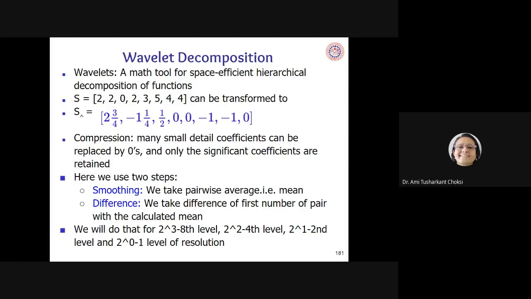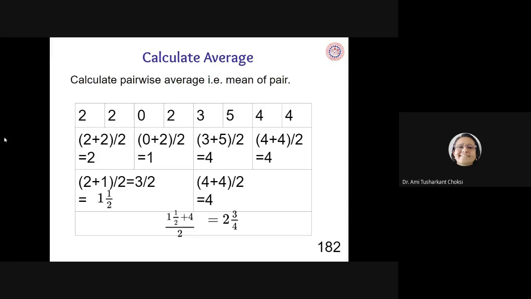Now, let us see a detailed example so we can have the idea. The data given to us is 2, 2, 0, 2, 3, 5, 4, 4. Right? What we first do is calculate the pairwise average, that is the mean of the pair.